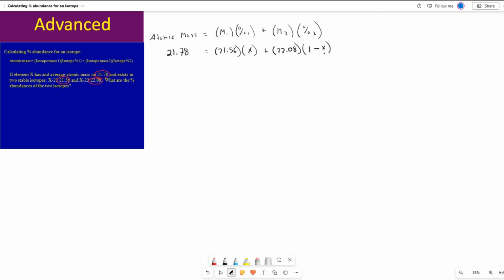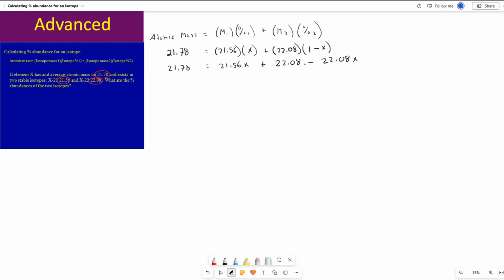So what that would lead us to is 21.78 is equal to 21.56x plus 22.08 minus 22.08x. So all I did was take the 22.08, multiply it by 1, take the 22.08, multiply it by x, and that gives us this term here.